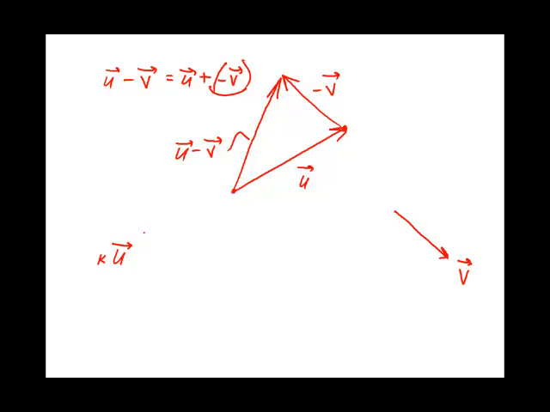By the way, numbers or quantities which have only magnitude but no direction are called scalars. Scalar. So, k is a scalar. u is naturally a vector.